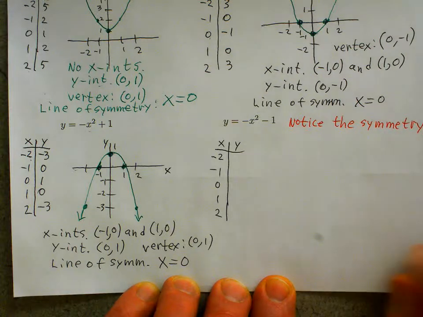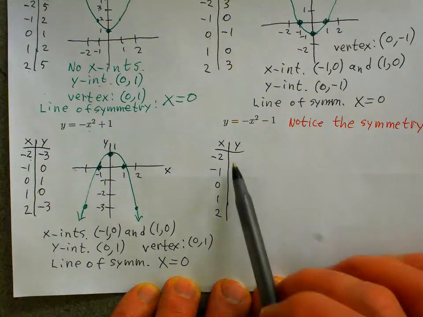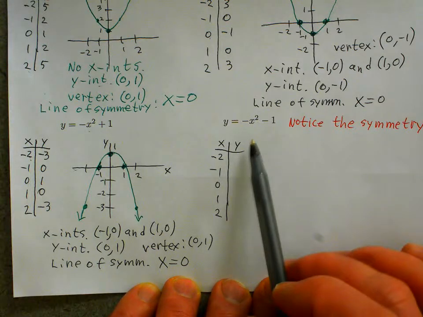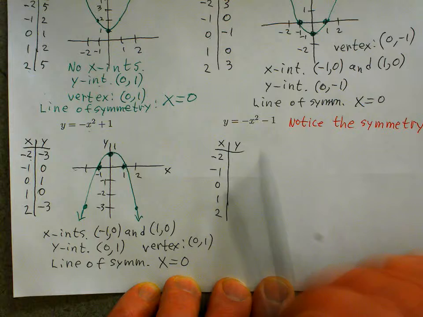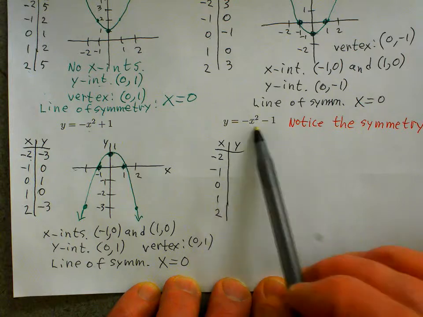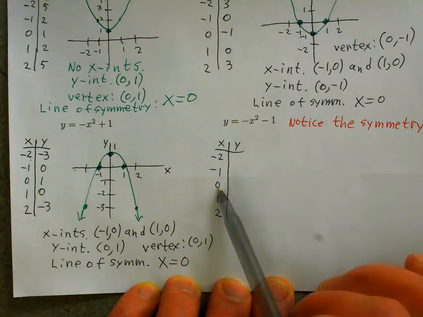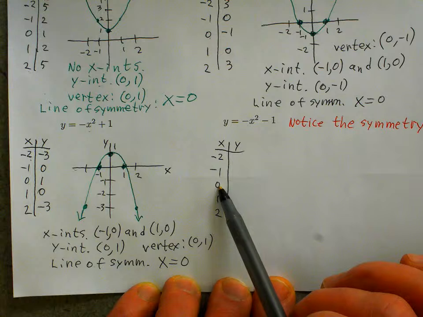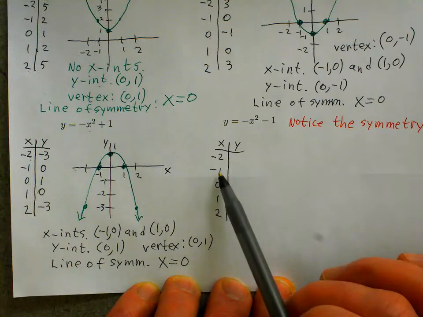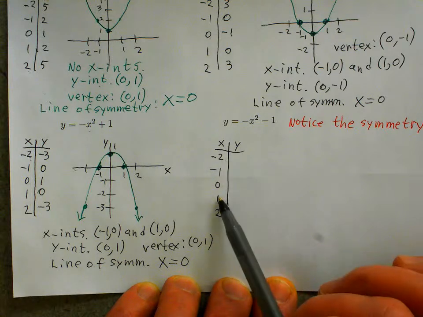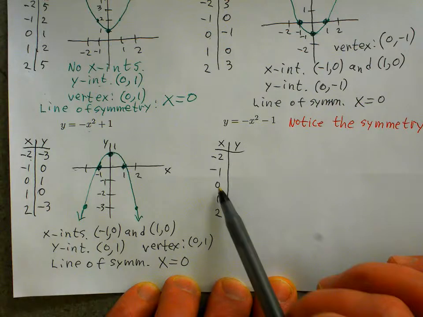We've encountered the symmetry in all of the examples so far, but I'll point it out here. From experience, I know just by looking that the x coordinate of the vertex is 0. So I pick 2 x values smaller than that and 2 x values bigger than that.